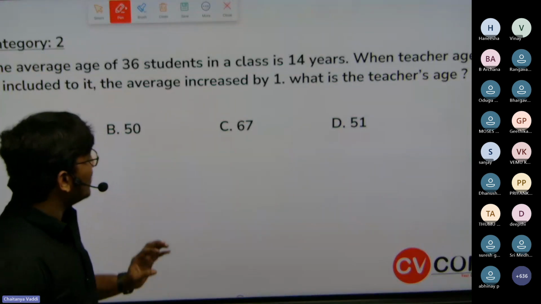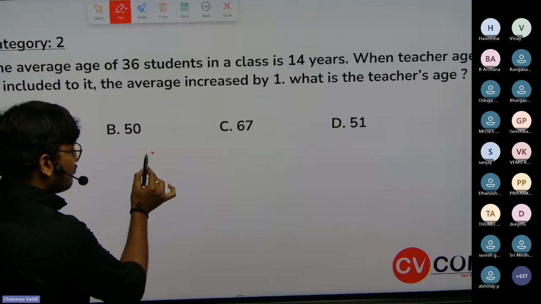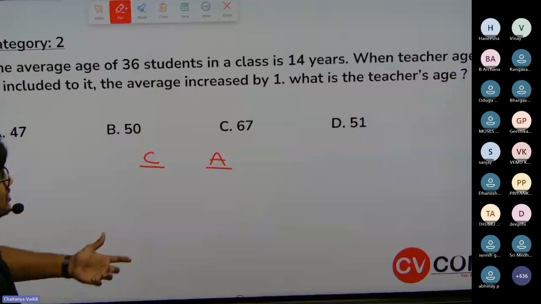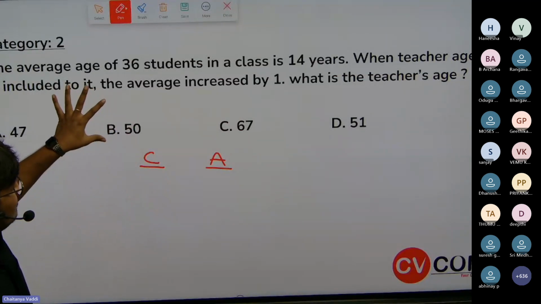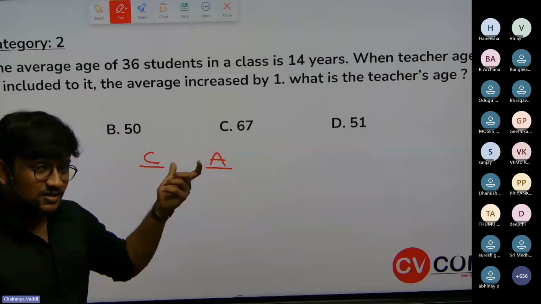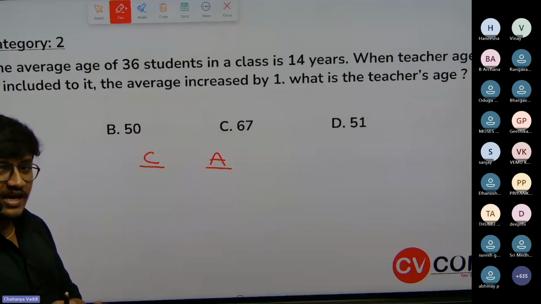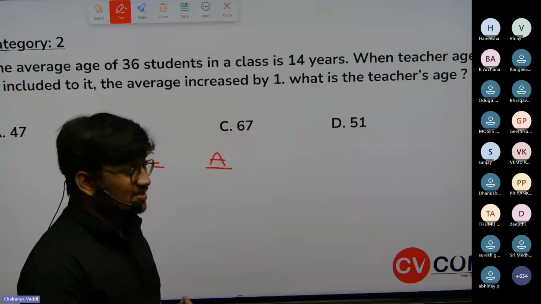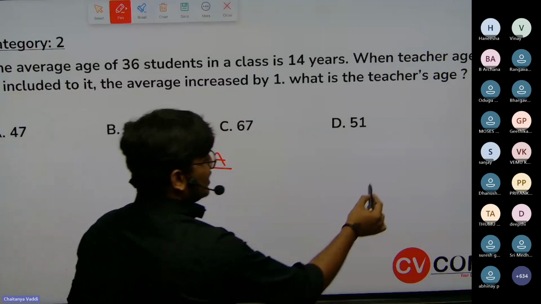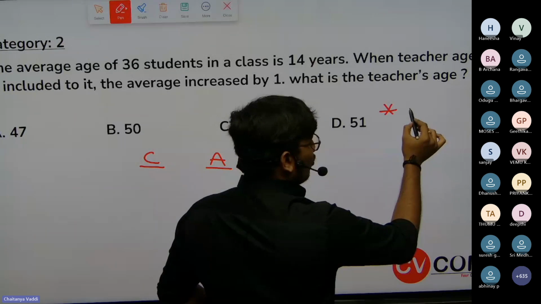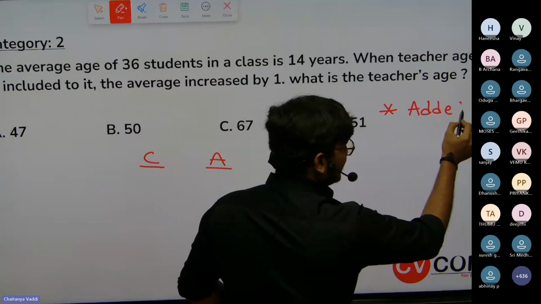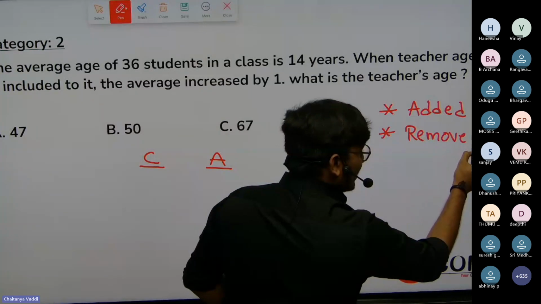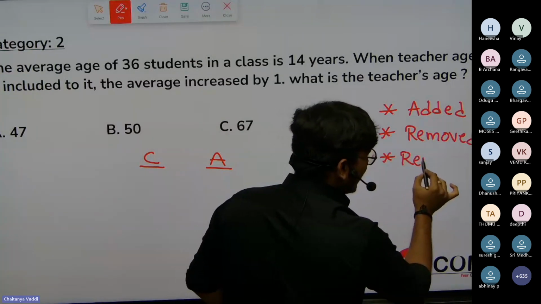Listen carefully. What we need to do is first take the count and average. Obviously, the question belongs to the topic of averages. When they mention 36 students or some group of people, and mention the average of that group, and if one person is added, one person is removed, or one person is replaced, basically we have three sets of questions: person added, person removed, and person replaced.